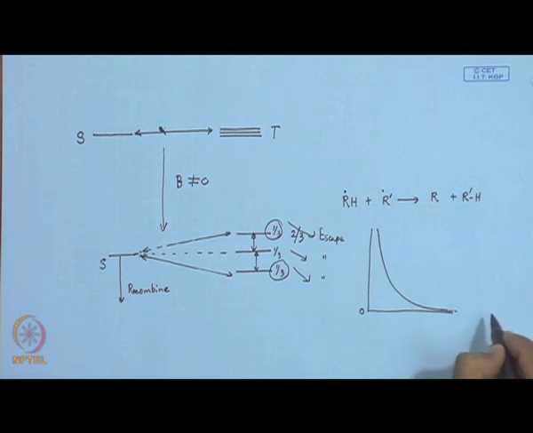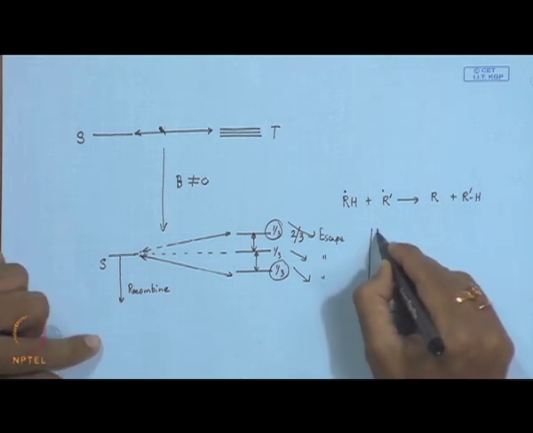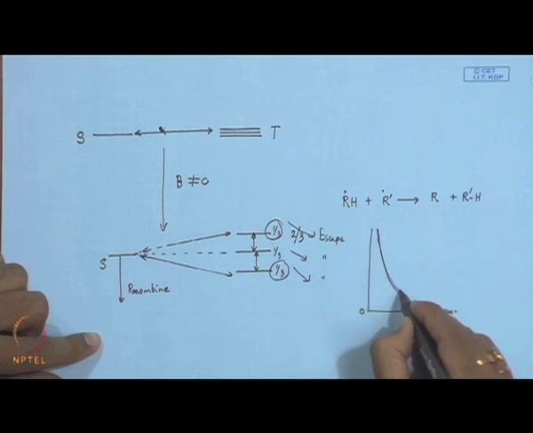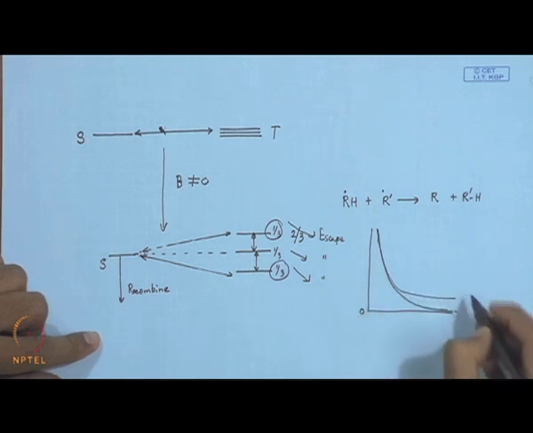But if there is a fraction that does not undergo full recombination, then maybe there is some residual signal. So this corresponds to your escape products.